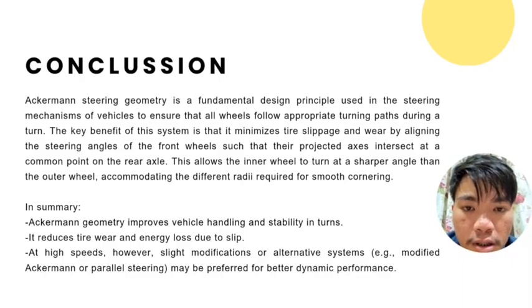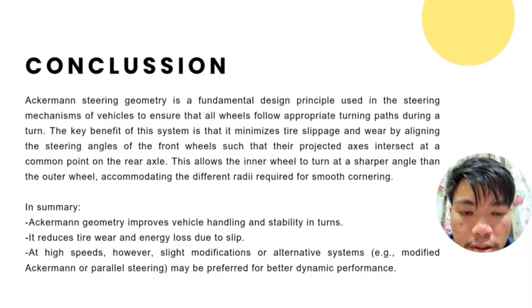This allows the inner wheel to turn at a sharper angle than the outer wheel, accommodating the different radii required for smooth cornering. In summary, Ackermann geometry improves vehicle handling and stability in turns. It reduces tire wear and energy loss due to slip.